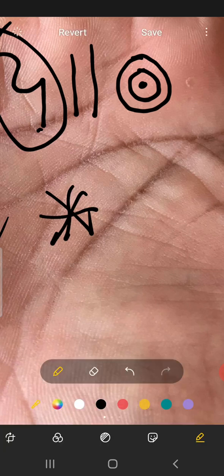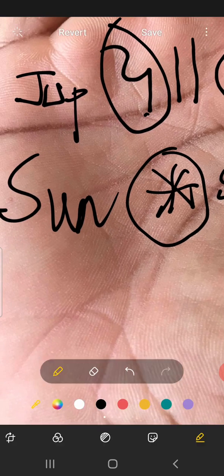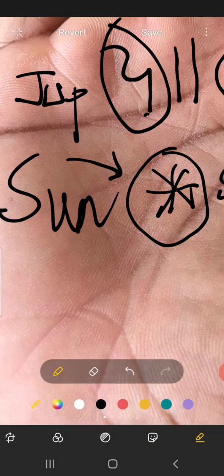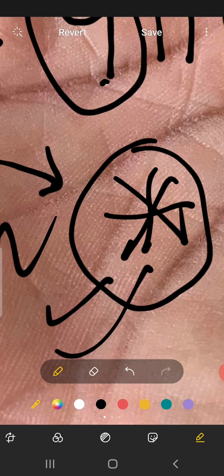Let's come to Sun. You must have heard of nakshatra, that means star. Nakshatra or star is generally represented by this particular symbol or chinha, which is a sure shot sign for Sun's placement or Sun's influence.